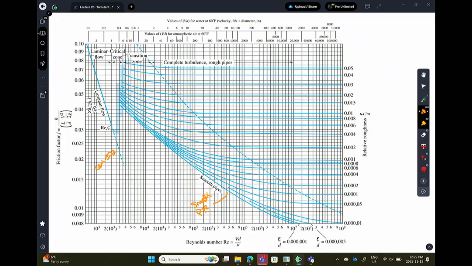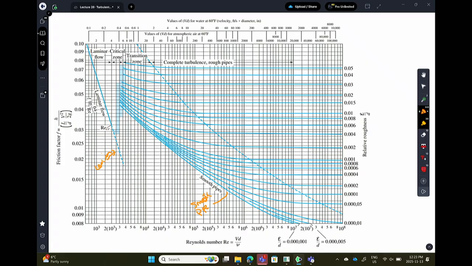But you can note that this is highly dependent on Reynolds number in a range that is 10 to the 8th to 3,000, 3,500, 4,000, somewhere around there.